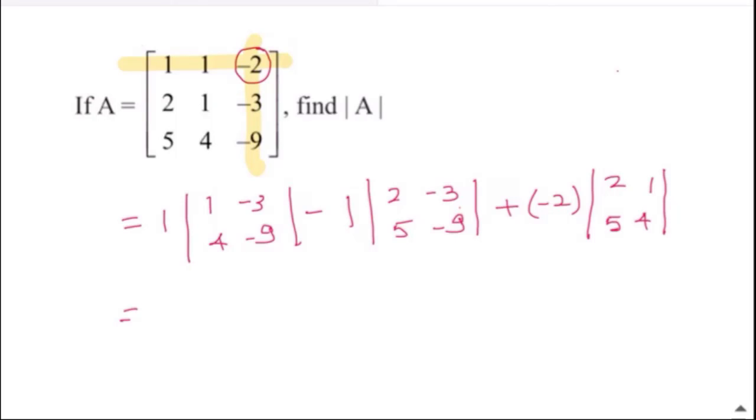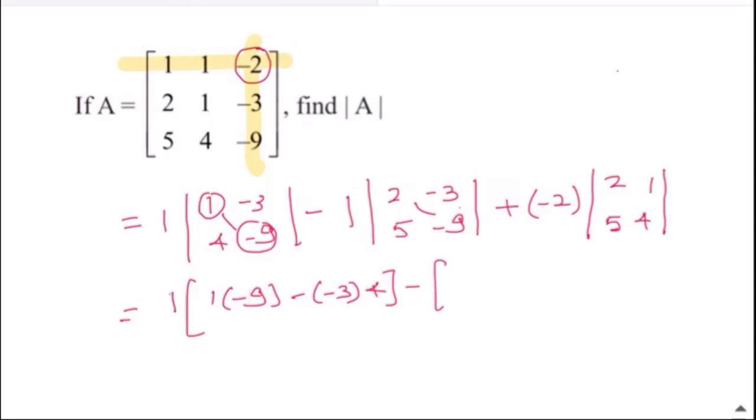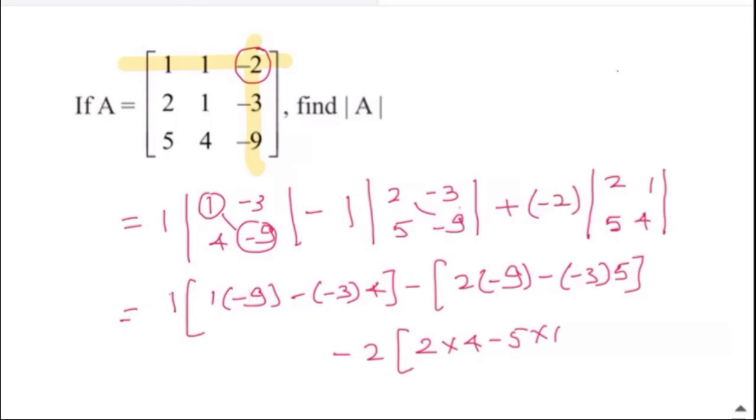So this is equal to 1 into the value of this, which is 1 multiplied by minus 9 minus 3 multiplied by 4, minus 1 into 2 multiplied by minus 9 minus 3 multiplied by 5, minus 2 into 2 multiplied by 4 minus 5 multiplied by 1.